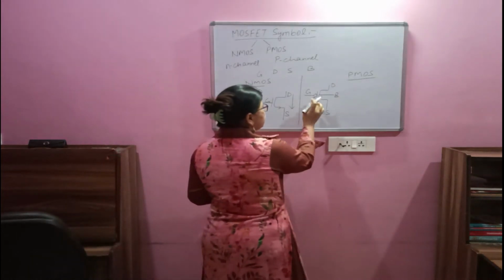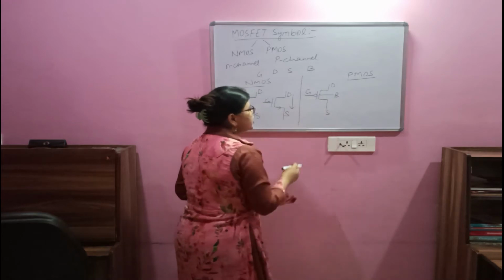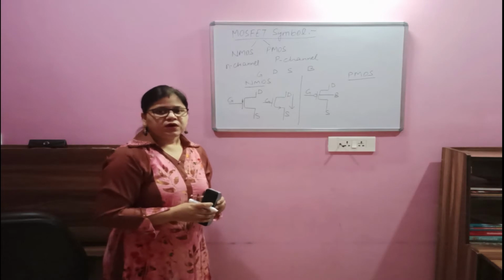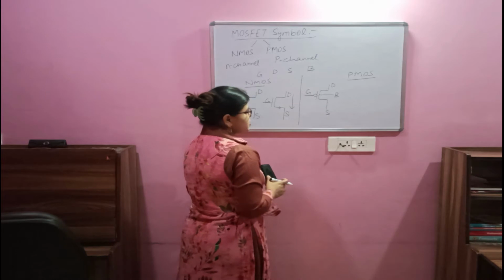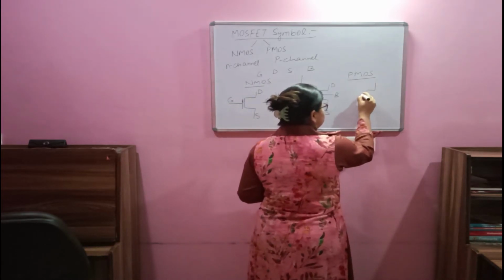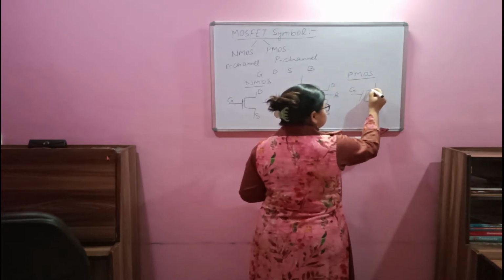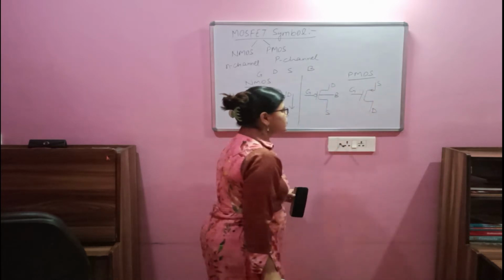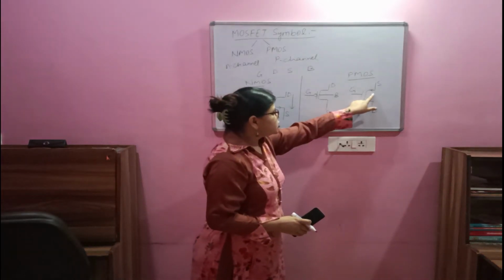So this bubble symbolizes that it is a PMOS, or we can even say that PMOS operates on a negative voltage because it has a negative threshold voltage. So this bubble stands over here. Now similarly, if I draw it with respect to the symbol, this is the symbol in which the current direction is shown.